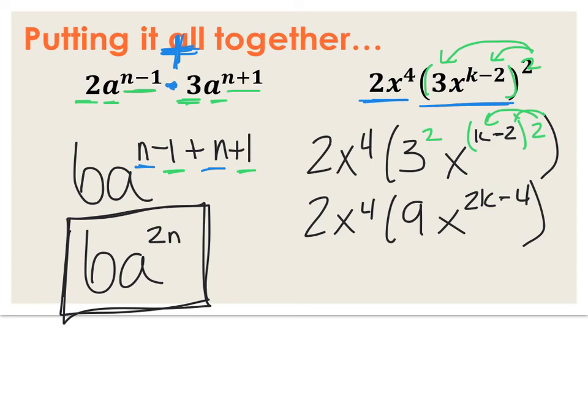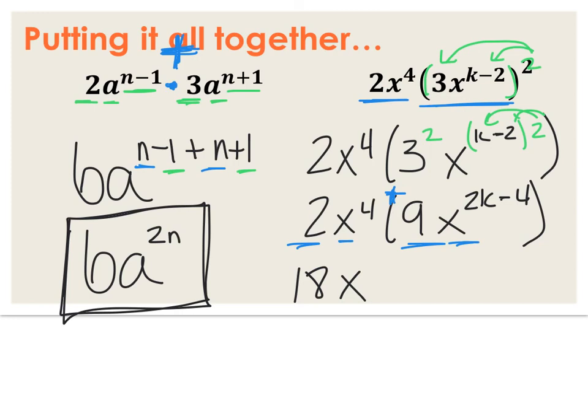Now I have two things that are being multiplied together, which means I'm going to be adding my exponents together. First, you have to multiply your coefficients. 2 times 9 gives me 18. And then I have these variables. They're both x, which means their exponents are going to be added together.